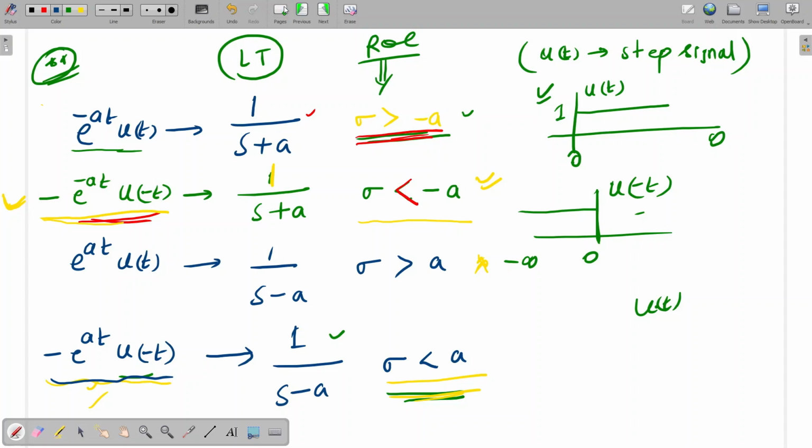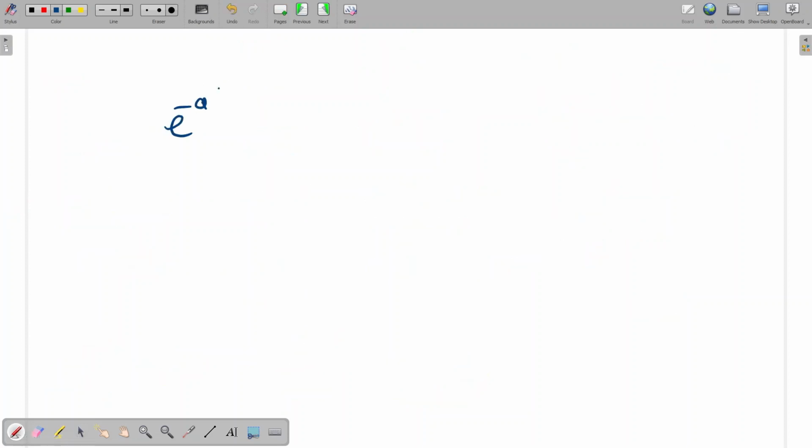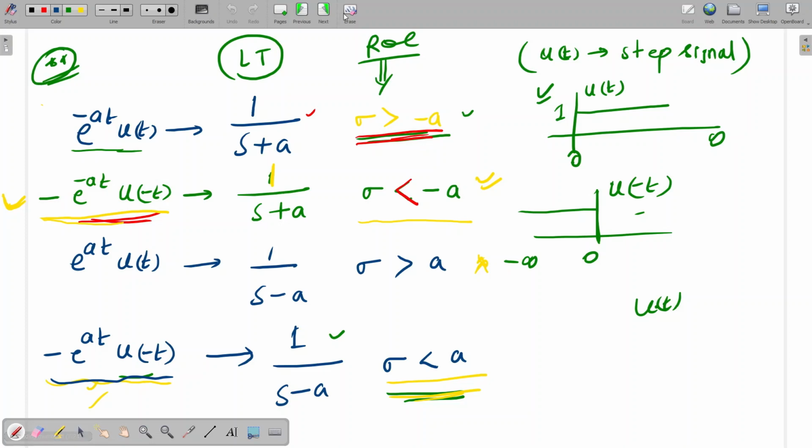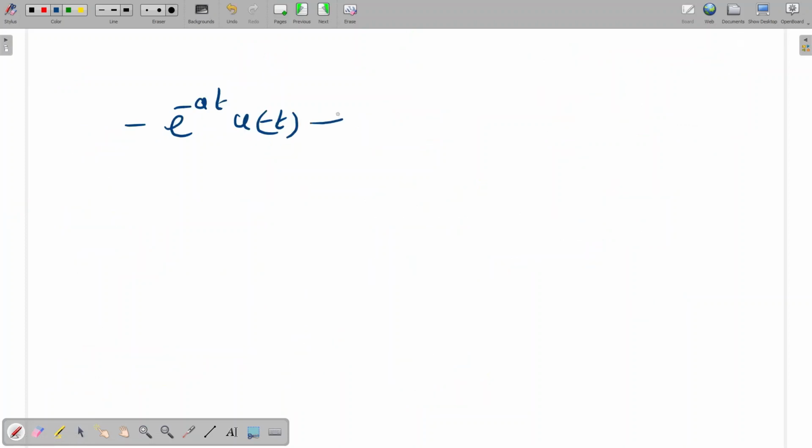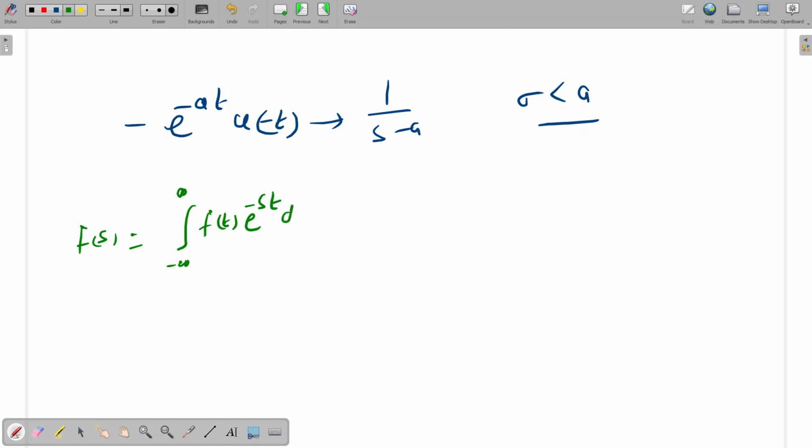So e to the power at u of minus t should be equal to 1 by s minus a, and the ROC should be sigma less than a. So F(s) is equal to the integral from minus infinity to infinity of f(t) into e to the power minus st dt.